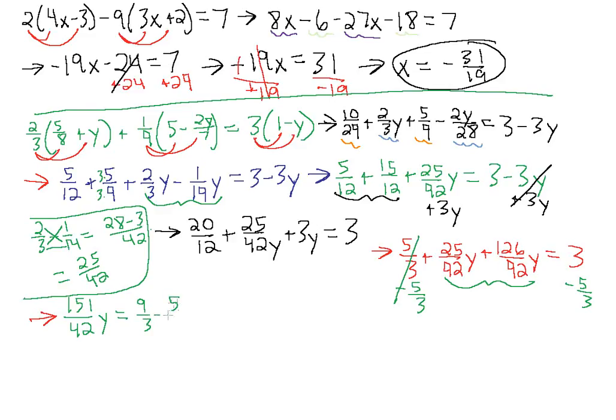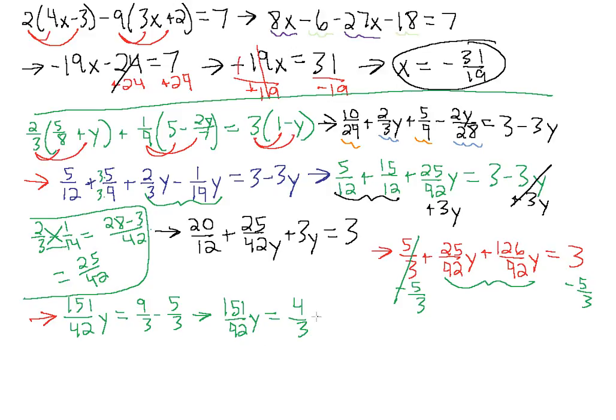And we have our minus 5/3. Let's rewrite our 151 over 42. We don't want to mess with that yet. We want to save that for last. And let's subtract this. 9 minus 5 is 4, divided by 3.